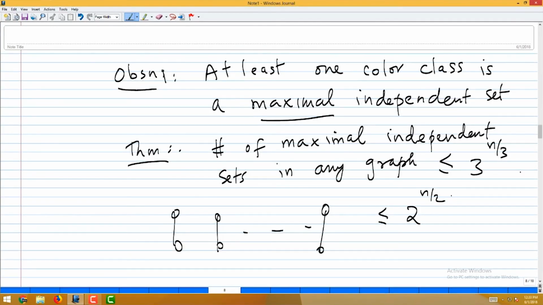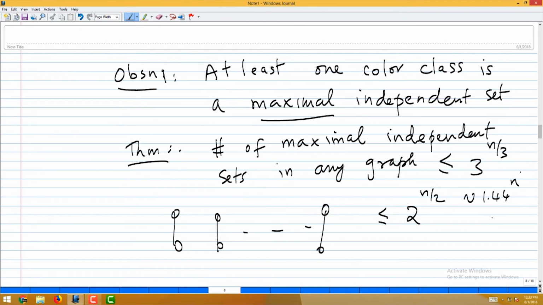This is the class of graphs that achieve this maximum. In any other graph one can show this, which requires a proof. I have just shown you examples where you achieve this many maximal independent sets, but one can prove that the number of maximal independent sets in any graph on n vertices is at most 3 to the power n by 3. Okay, so 3 to the power n by 3 is something like 1.44 to the power n, because 3 to the power 1 by 3 is 1.44 something.